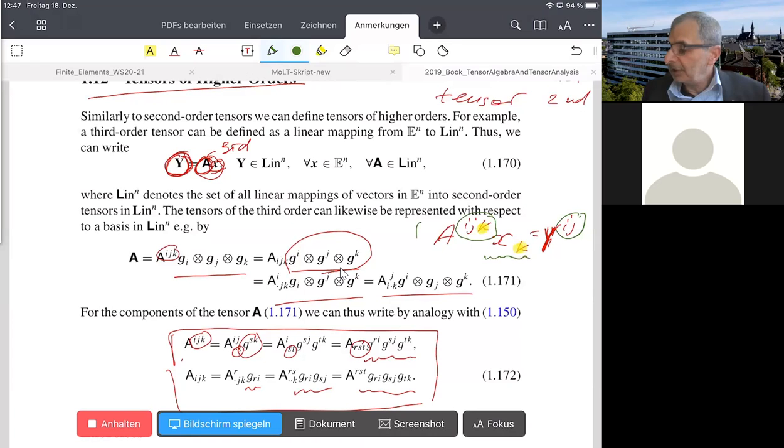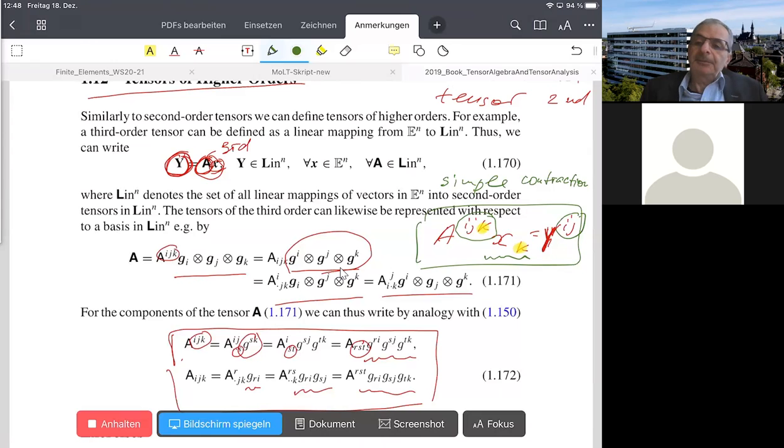What we have here is this simple contraction, which we mentioned already, in the classical tensor algebra. I mentioned for example in the literature list a classical book by Sokolnikov, from the 50s, 60s of the last century. It's a very good example of classical tensor algebra.